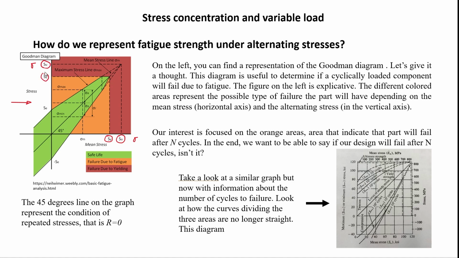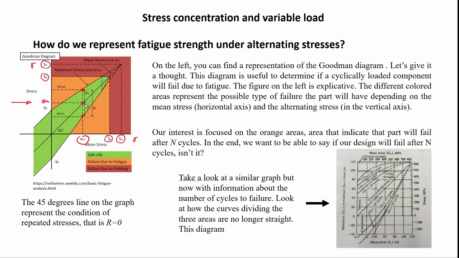Now, if I have a machine element subjected to a variable load, let's imagine that the variable load looks something like this. Here you represent the maximum stress, this is the minimum stress, and this is the average, sigma m. Those parameters are extracted from the cyclic load charts we saw before.